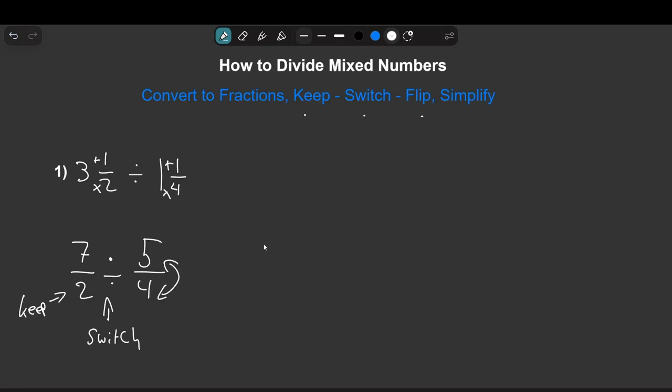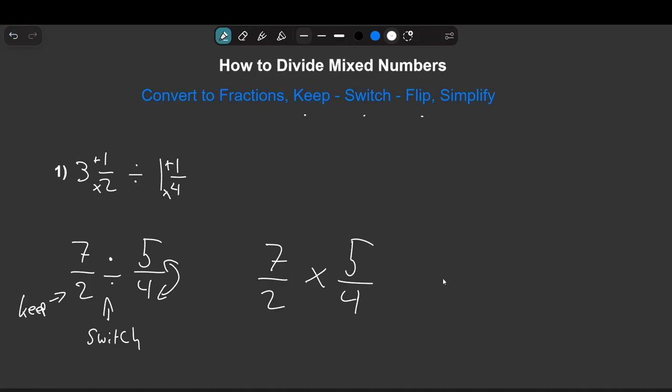So to write this down, we will get 7/2 times 5/4. Now we can just multiply them. First of all, we multiply the top ones. 7 times 5. We multiply the numerators. So 7 times 5 equals 28.